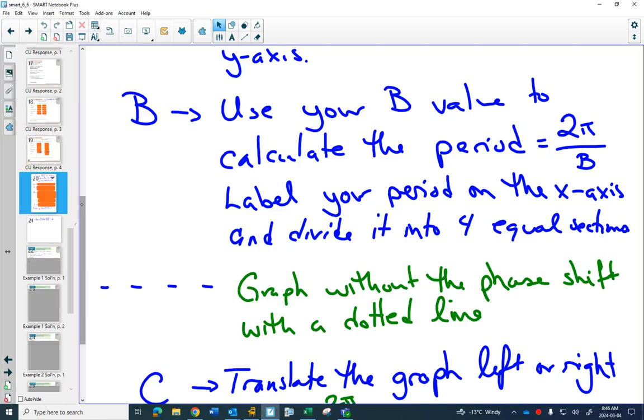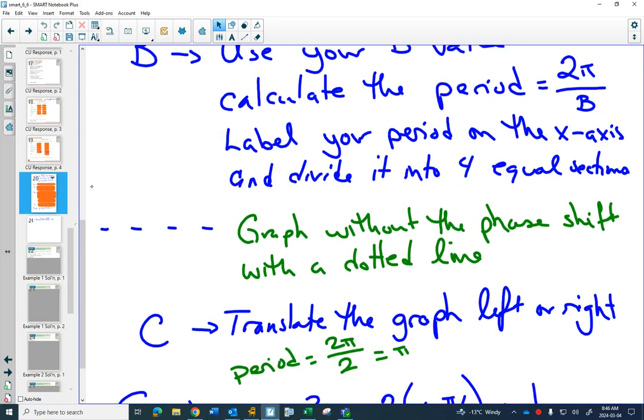So this is going to be our shortcut for graphing sinusoidals. And I call it DAB-C because it's easy to remember. That's the order that we can do the shortcut in. And now we're going to look at what happens when we do this with some graphs.